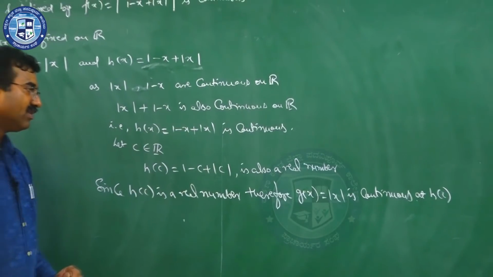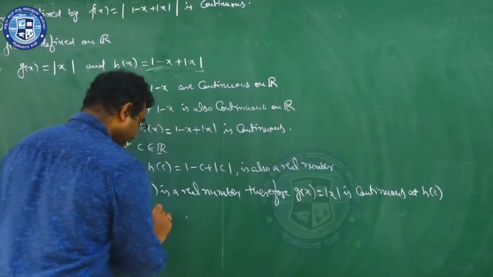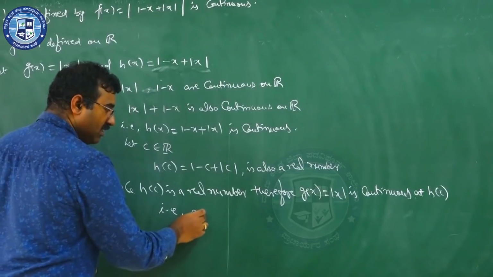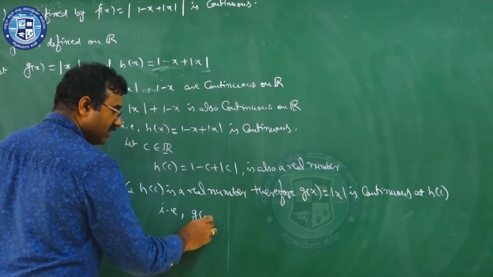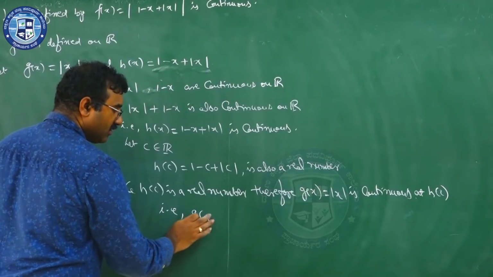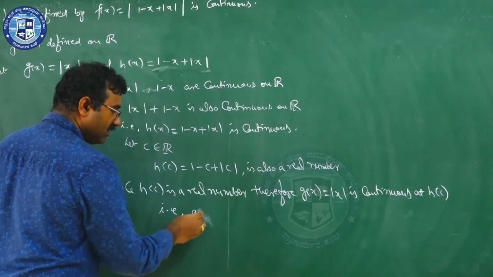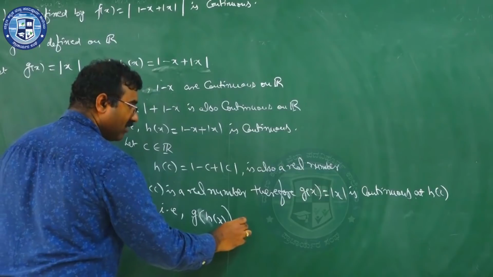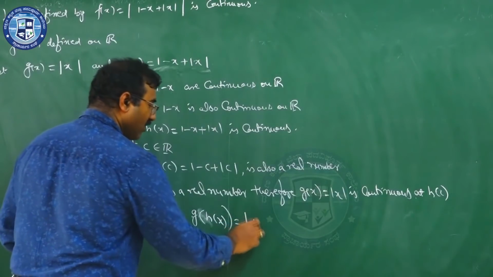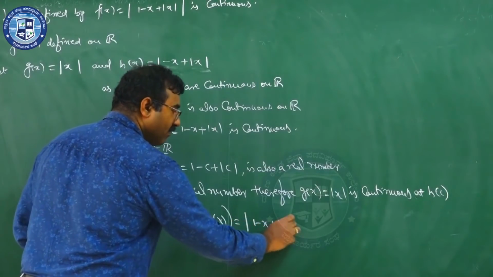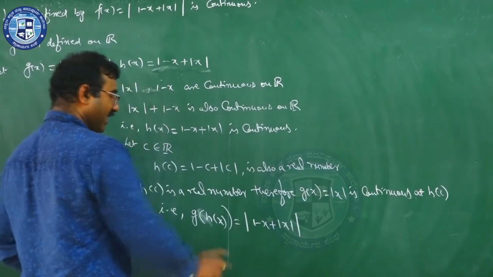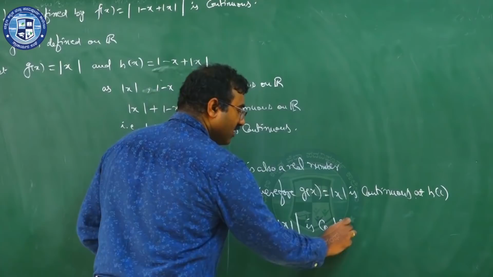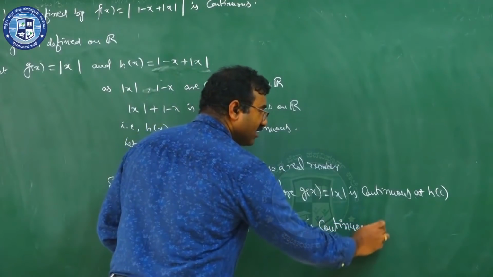So that means g of h of x is equal to modulus of 1 minus x plus mod x, is continuous on R.